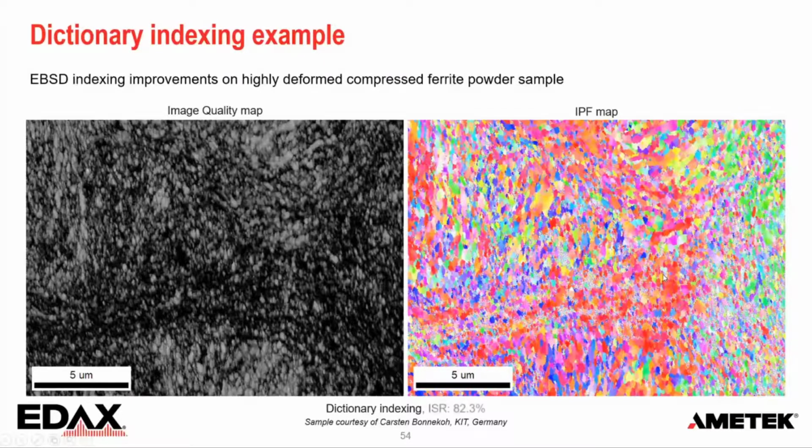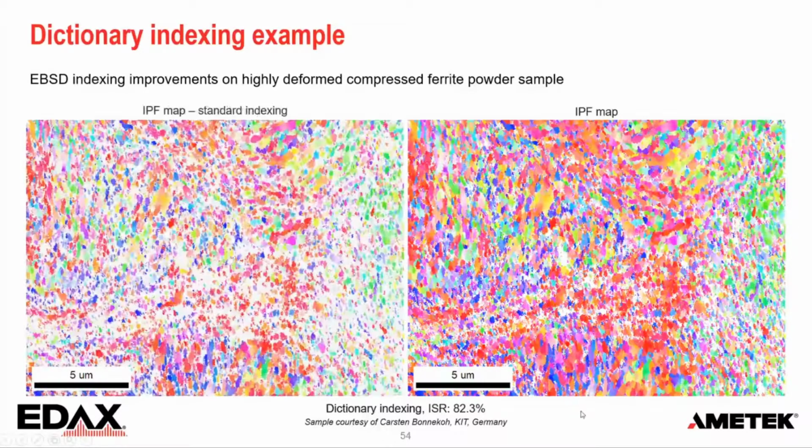And when I remove the noise here, we are over 82% indexed when compared to the 50% that we had before. So it's a very, very sensitive tool for very poor quality patterns to improve the indexing result. So this is also one of the latest additions to the OIM analysis software.